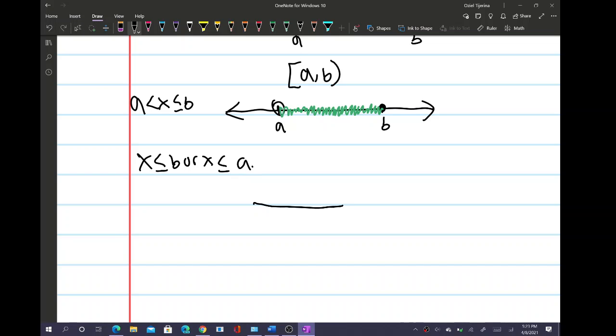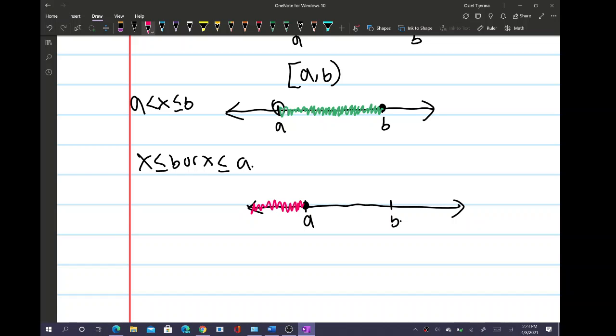Just for fun, you don't have to learn this, but if I were to graph this, it would be A and then B. So then you would have a closed circle here, and then you would shade right here.